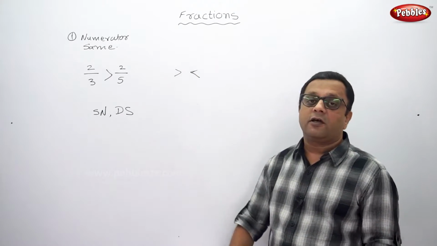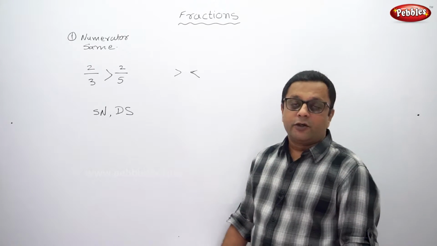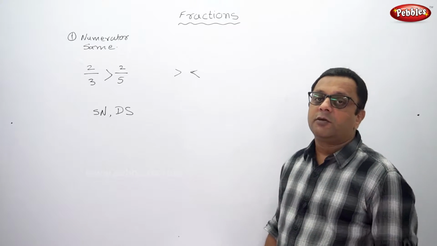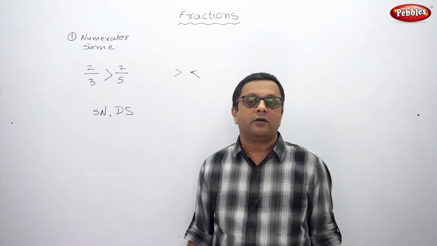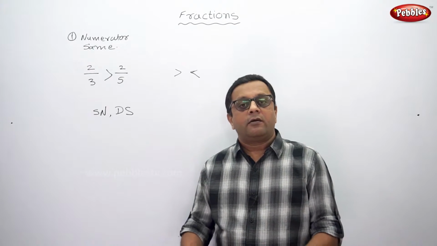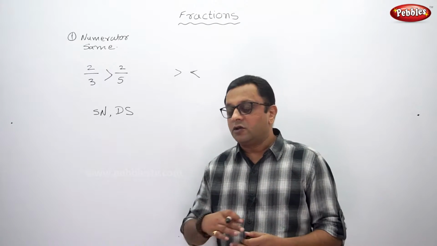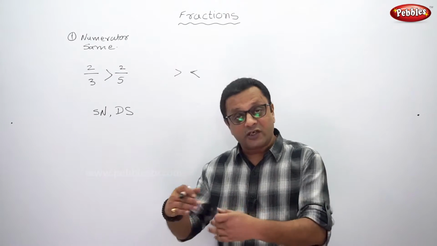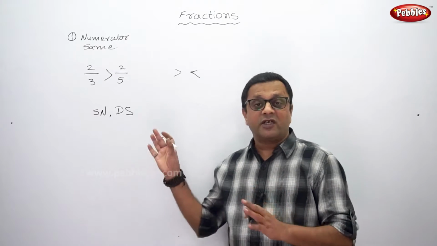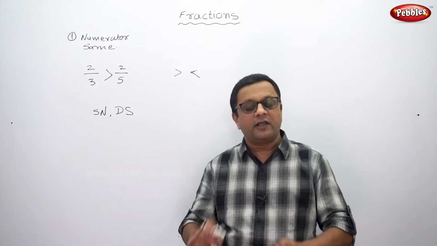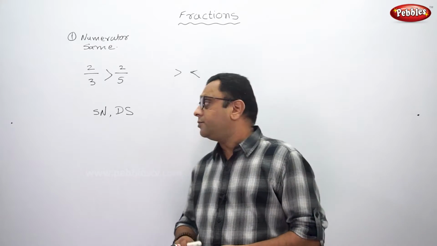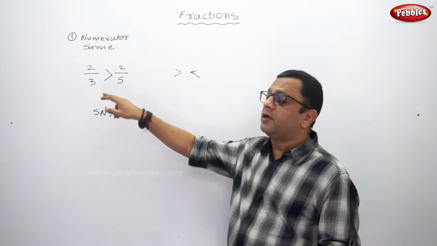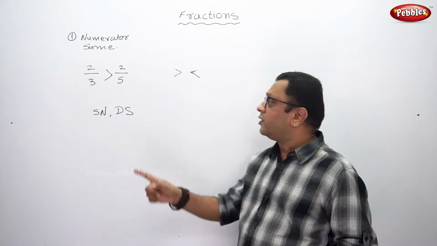When this side is there, on the right hand side it should be the bigger, and left hand side the smaller. It was so confusing. Though the generation has changed, these mistakes have not changed. Many students, while writing the sign in between, always get confused whether to write this sign or this sign.